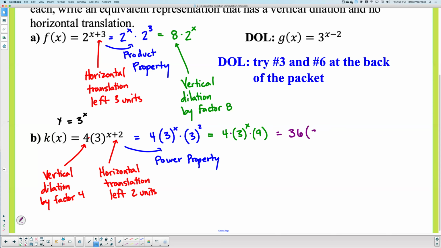So this would be 36 times 3 to the power of x. That 36, is that inside or outside transformation when you compare it to this? Outside. So that's a vertical. When you multiply, what are we doing? Dilation by factor 36.